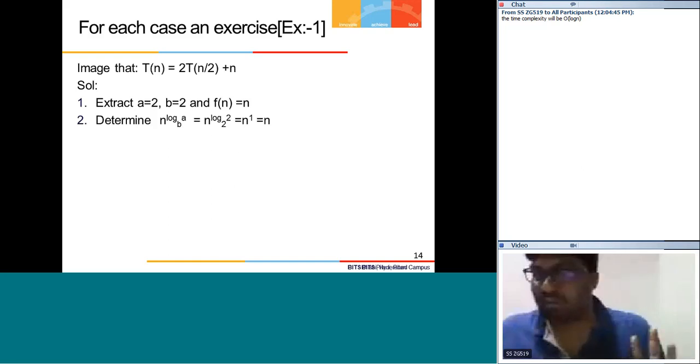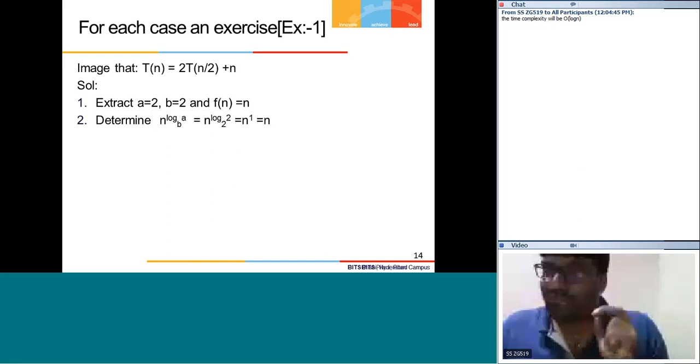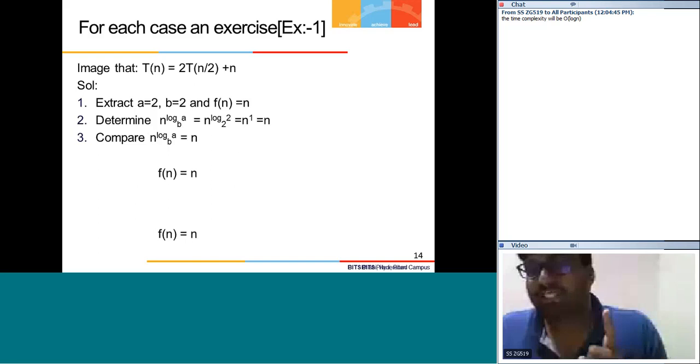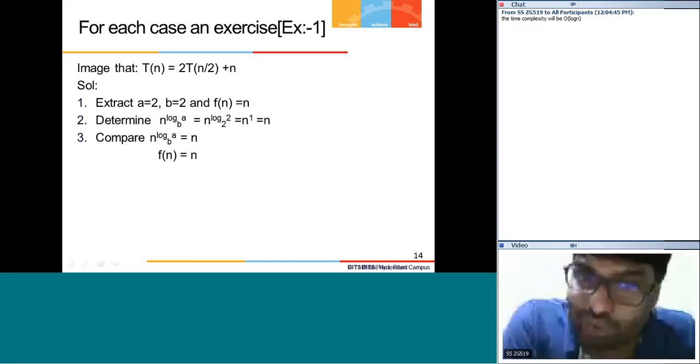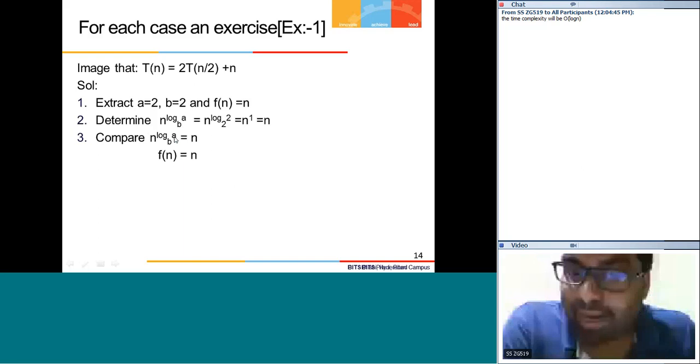Till step 2 people are clear, I hope so. Let me go to step number 3. What is step number 3? I am going to compare f of n and the determined value n log a to the base b. Yes or no? Step number 3 is the comparison between f of n and n log a to the base b, which is the determined value. Remember, the comparison is always done between f of n and n log a by b.